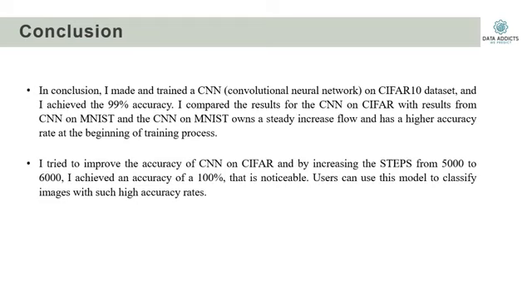So here we have great data, we have a great model, and this model can be used for image recognition purposes, and we saw that after improving the model by going from 5,000 steps to 6,000, the accuracy rate hits 100%, and this is great news.